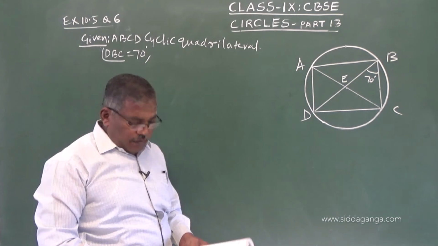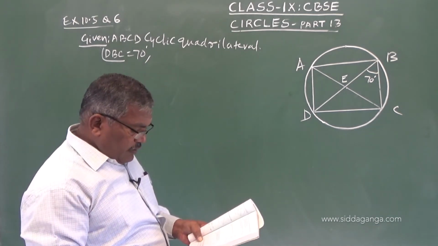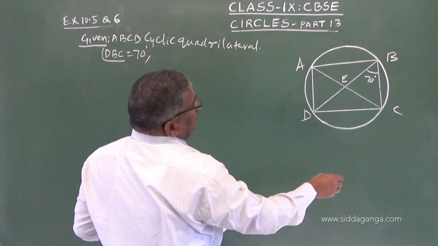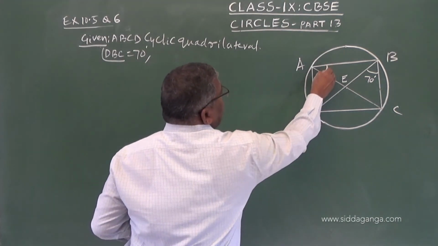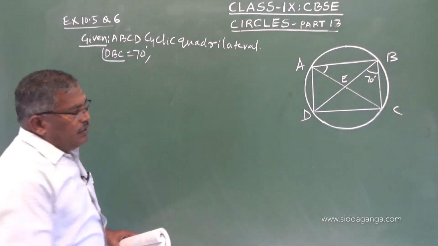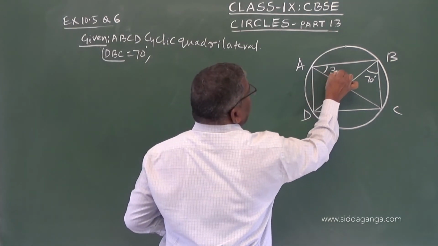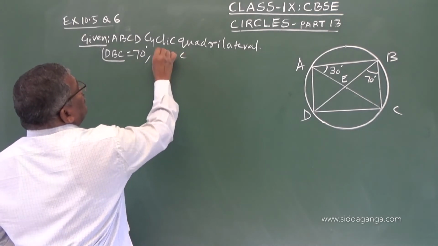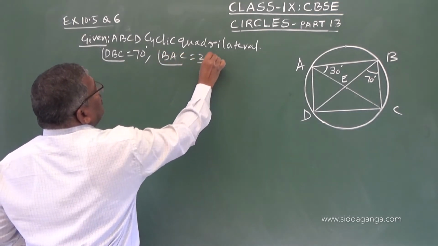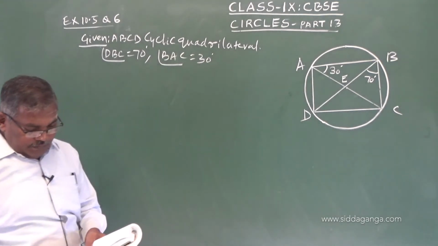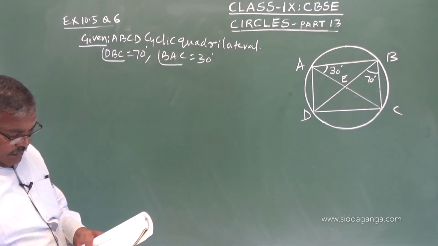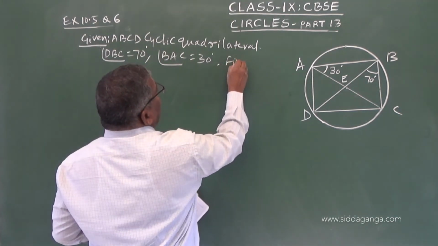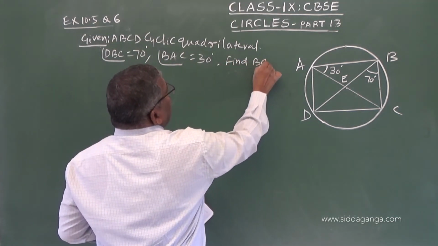That is one data given, and BAC is 30 degree. BAC, this angle, it is 30 degree. So BAC equals 30 degree. Find BCD.